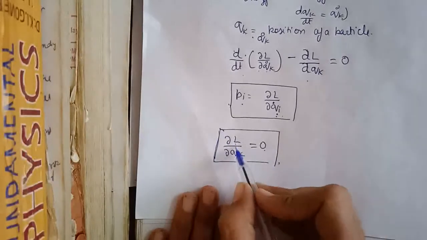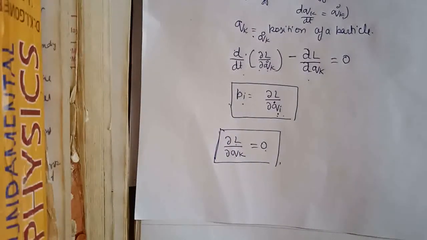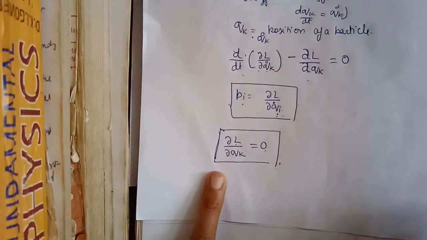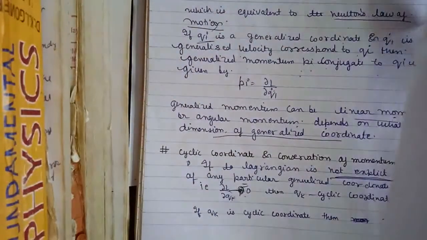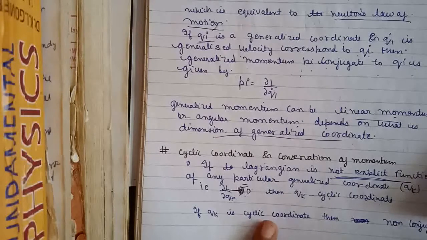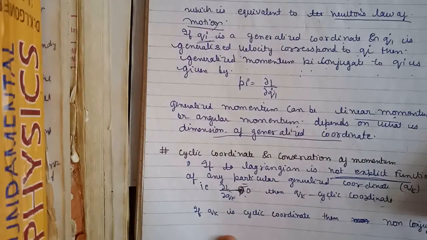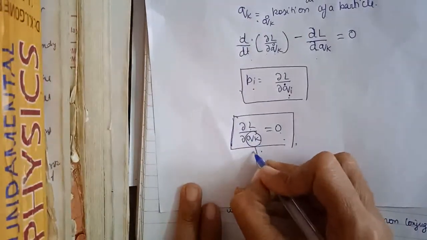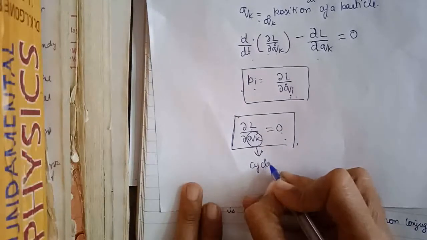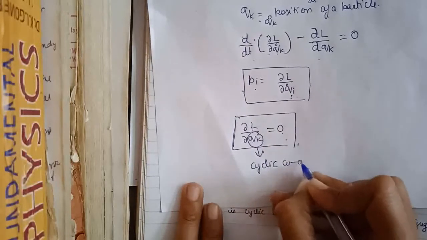Then qk is a cyclic coordinate, and we can call that coordinate cyclic.